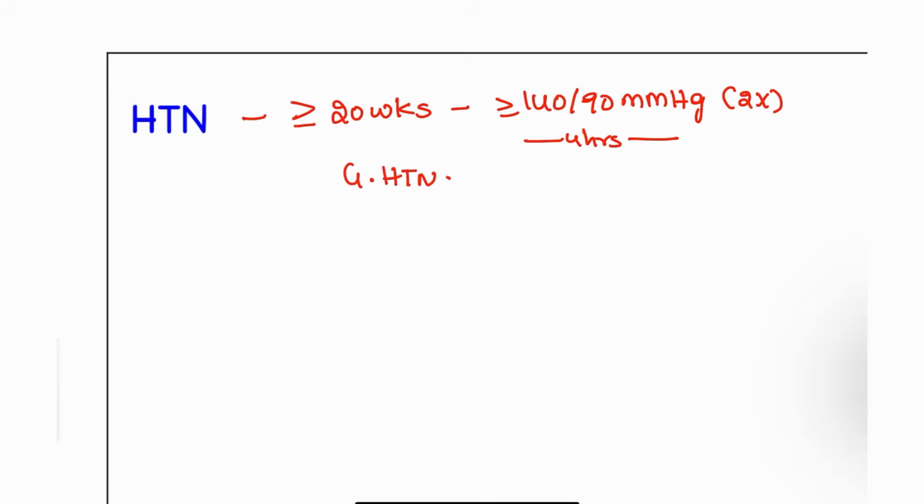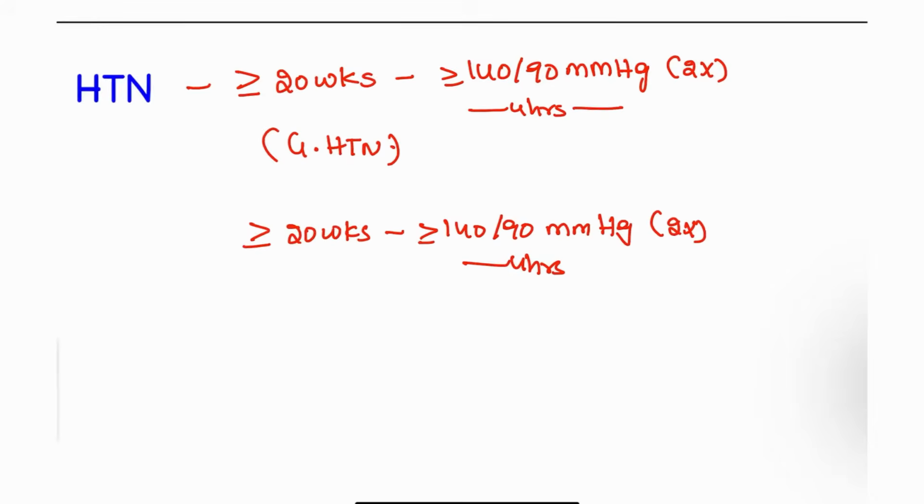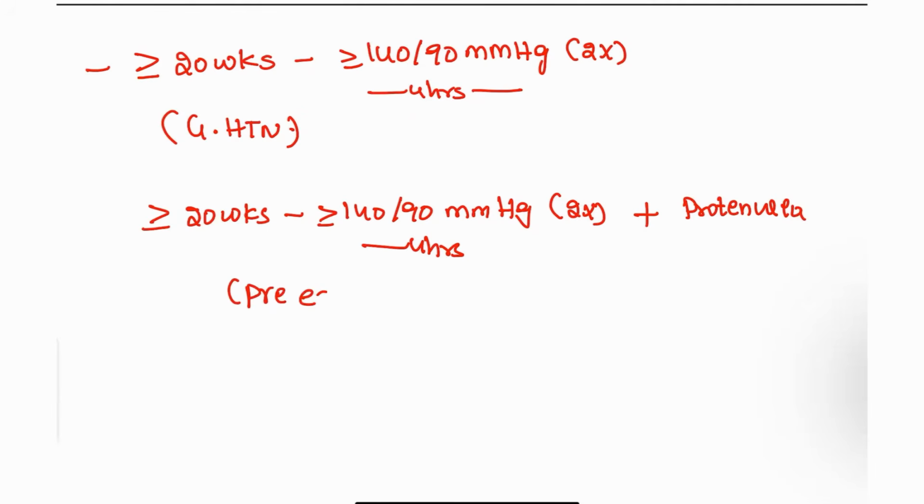Next, if the patient is more than 20 weeks, again more than 140 by 90 mmHg, 4 hours apart, two times, but this time the patient also has other signs, for example proteinuria, then this is known as preeclampsia.